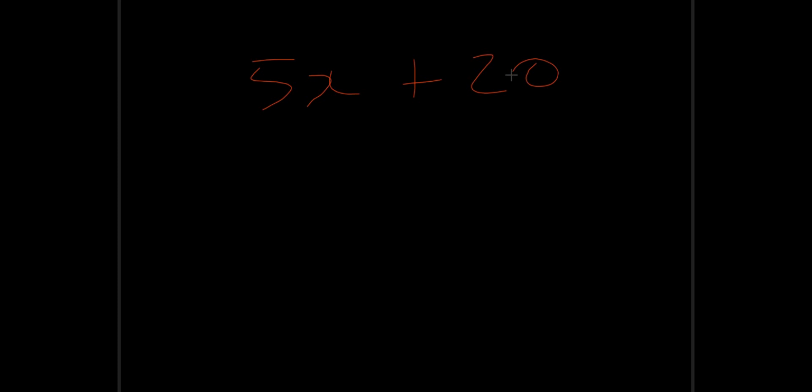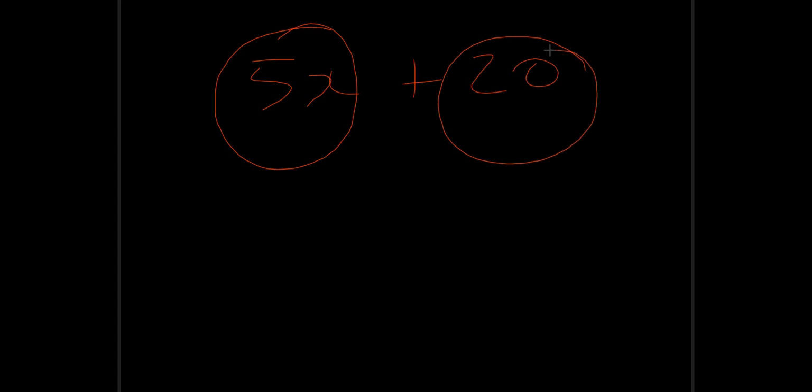Now, how could I factorize this expression? There is more than one way. We could say, let us look at all the factors that this term has and this term has. What two terms could we get from 5x? Well, 5x is the same thing as 5 times x. Also with this 20, you could break this down in such a way that we find two numbers to factorize it.